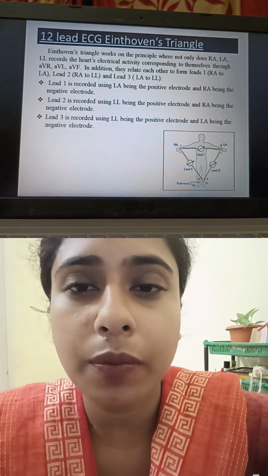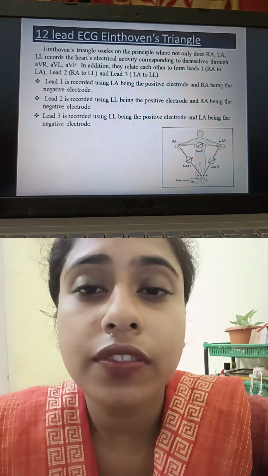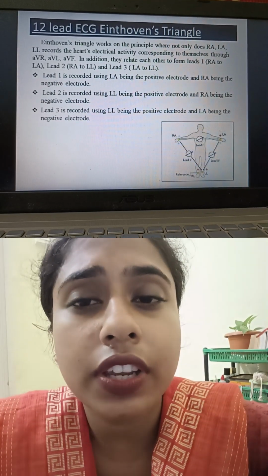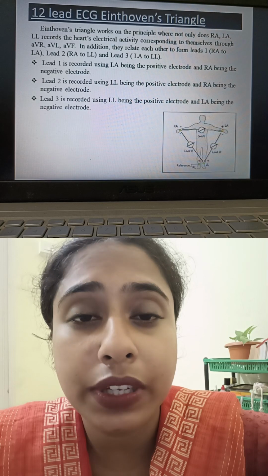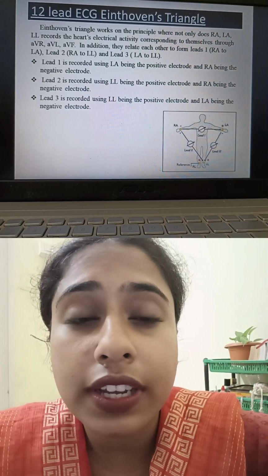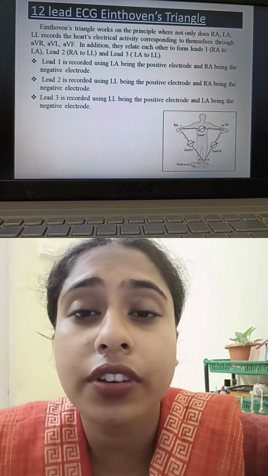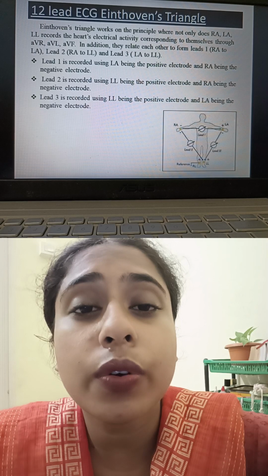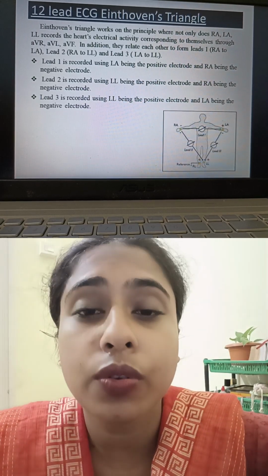Now let's talk about Einthoven's triangle in 12 lead ECG. What is Einthoven's triangle? Einthoven's triangle works on the principle that the right arm and left leg record the heart's electrical activity, and it corresponds with the aVR, aVL, aVF.